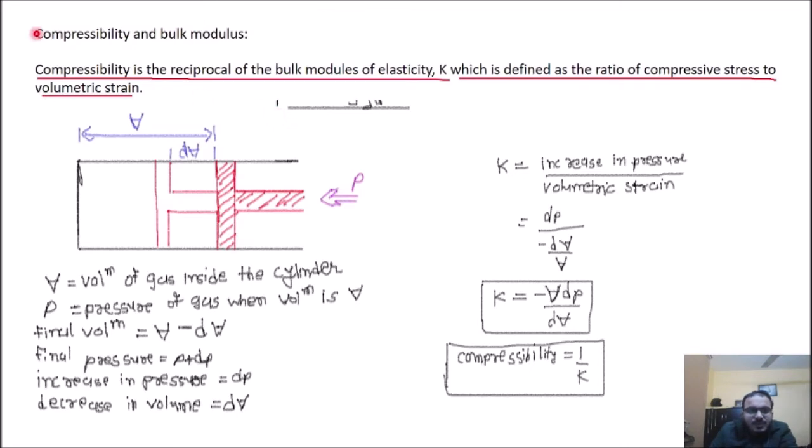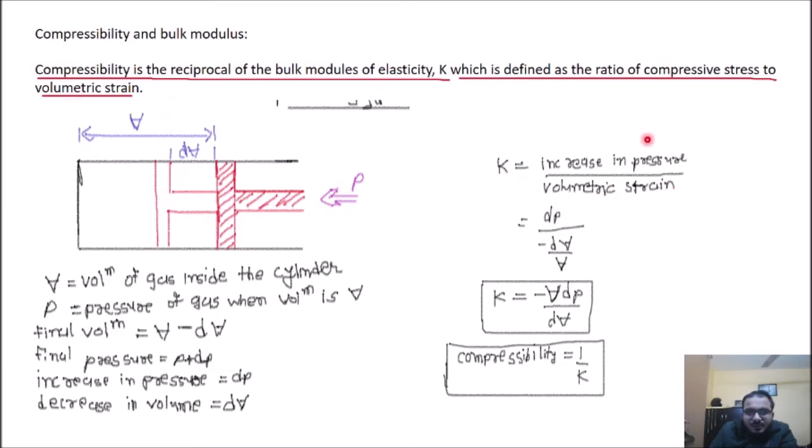Now the next part is compressibility and bulk modulus. Compressibility is the reciprocal of bulk modulus of elasticity K, and this bulk modulus of elasticity is defined as the ratio of compressive stress to volumetric strain.